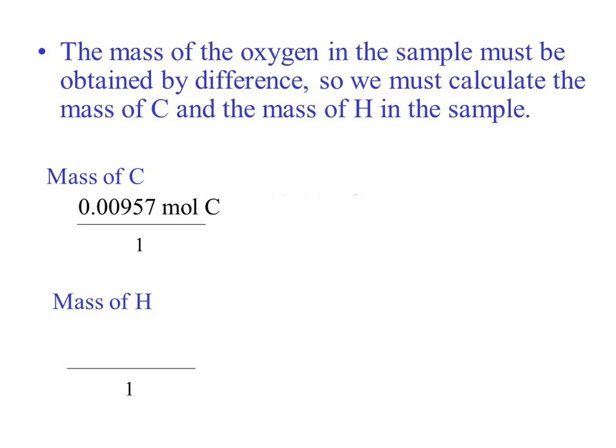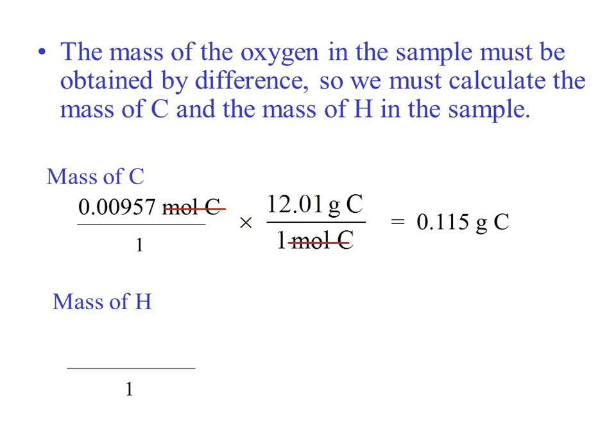That's 12.01. Of course, we're going to use the unflipped version, 12.01 grams of carbon per 1 mole of carbon. And then we're done. Rounding wise, it looks like 3 significant figures. So 0.115 grams of carbon was the mass of carbon in that thing we burned.